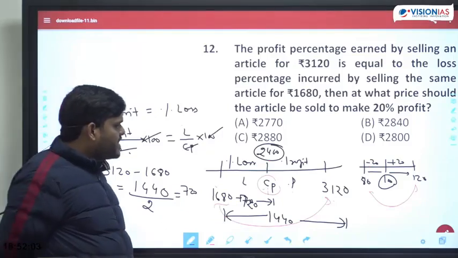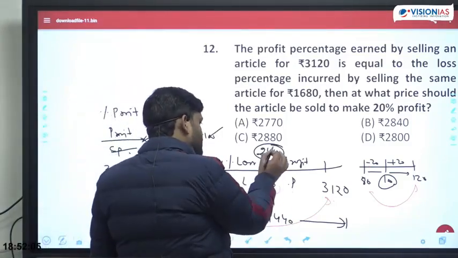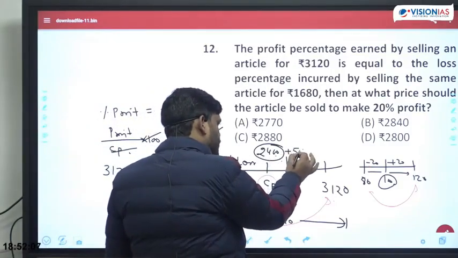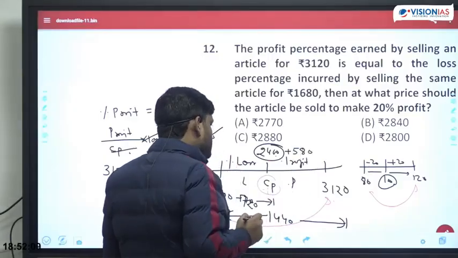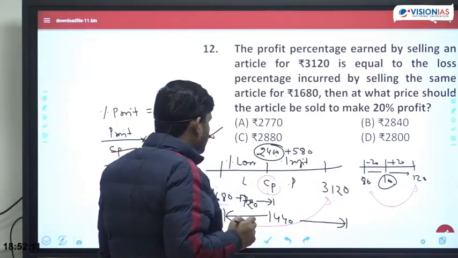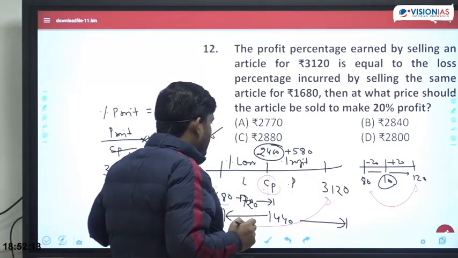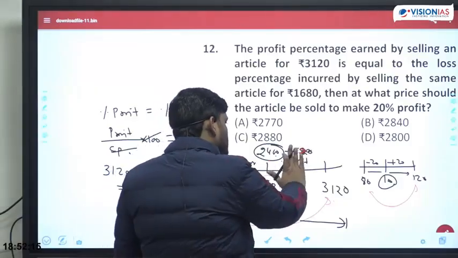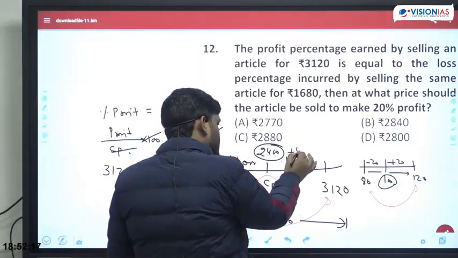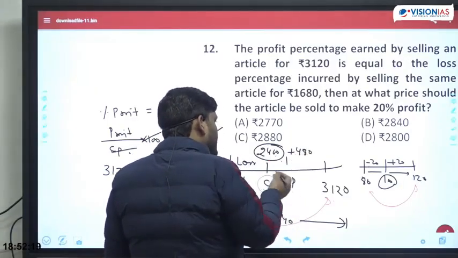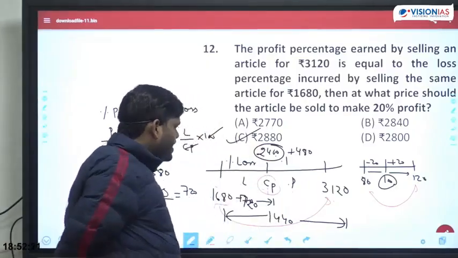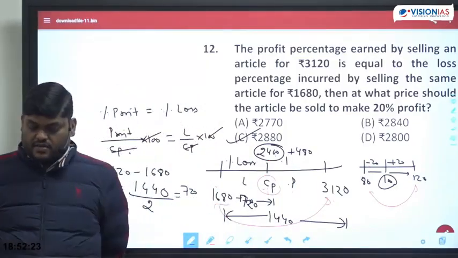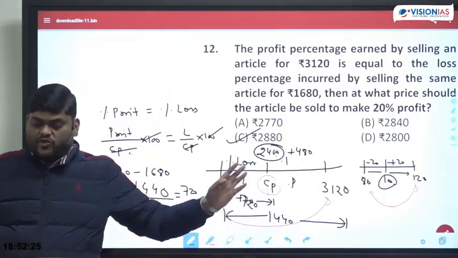And if we make 20% profit, that means we have to add 240, sorry. Okay, it's fine, yes it's correct, what's wrong. We have to add 480, the answer will be 2880. Everything was fine; in the last step I was making the calculation mistake.